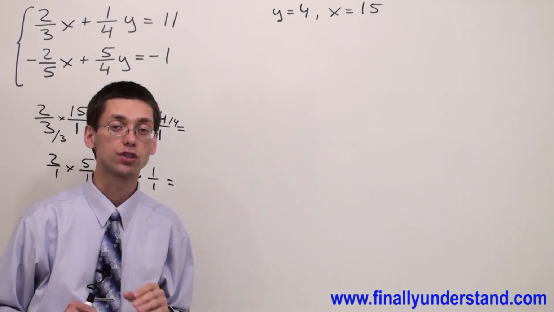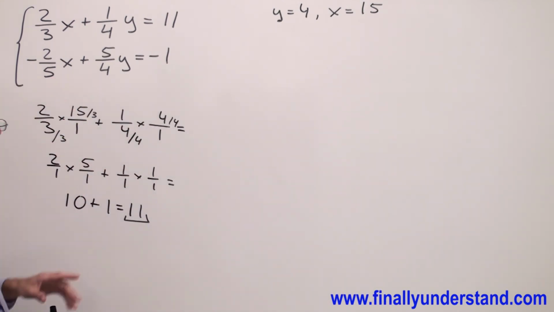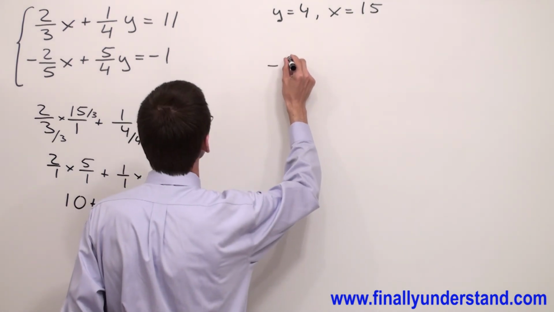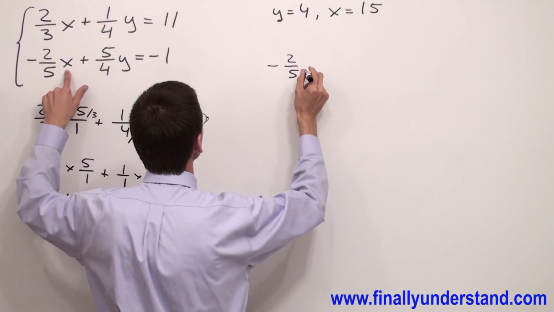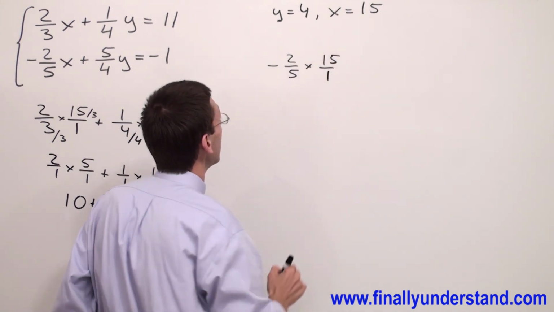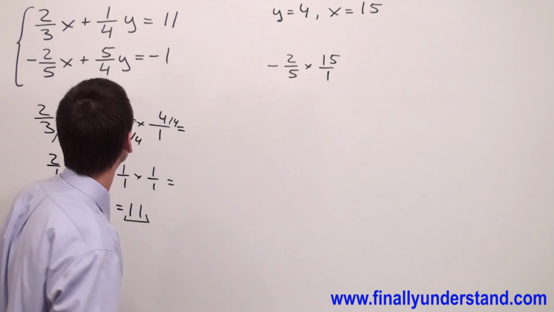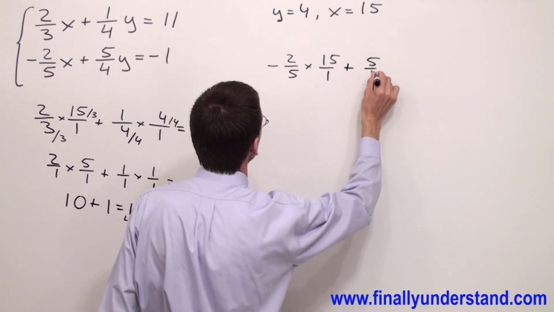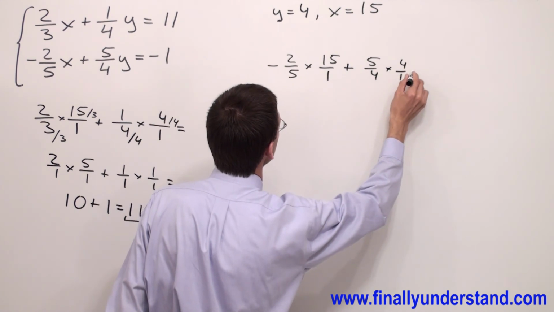You're not supposed to stop checking at this point. You're supposed to verify also the second equation. So let's do this now. I have minus 2 over 5, and instead of x I'm supposed to write again 15 over 1. Why did I write a fraction? Because I have fractions at the beginning. So I have plus 5 over 4 times y, which is equal 4 over 1 equals.